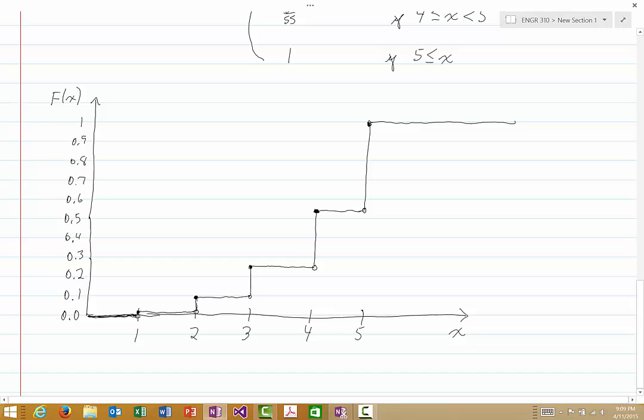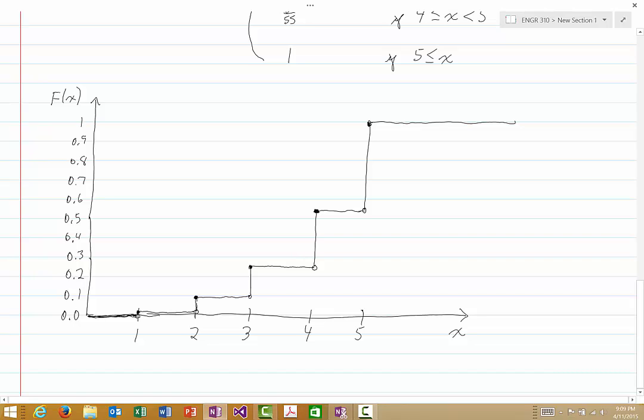And two other points that are important about the cumulative distribution function, and they are also true whether your random variable is discrete or continuous, is that as you go to the extreme left-hand side of the graph, that is, capital F of negative infinity will always be 0.